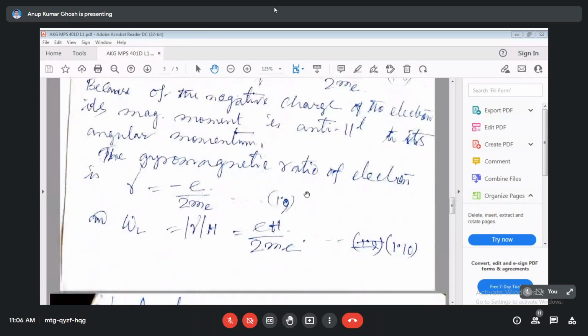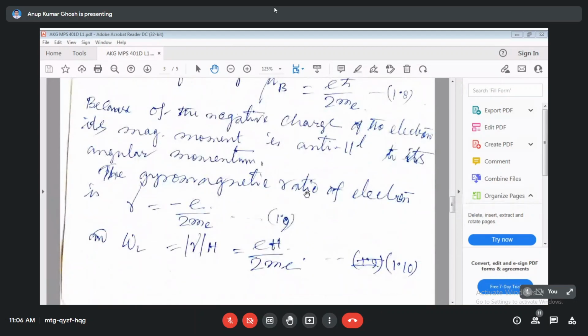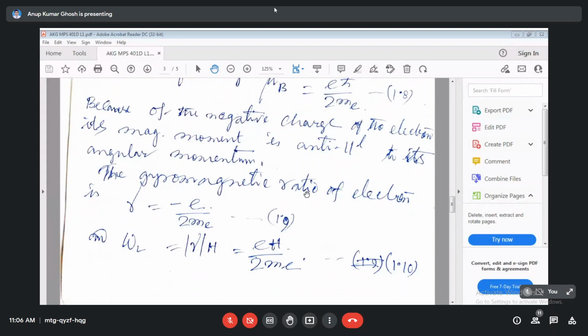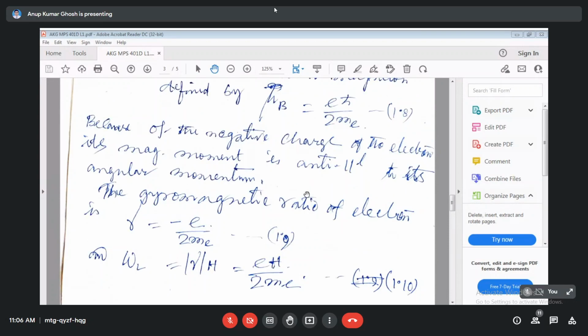Similarly, you can represent it in terms of mu B, as gamma into H cross.